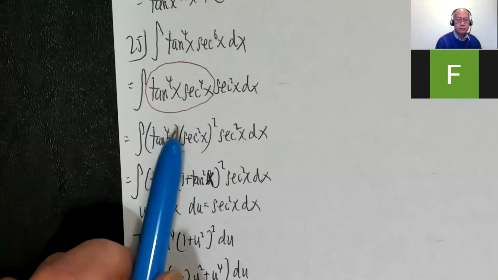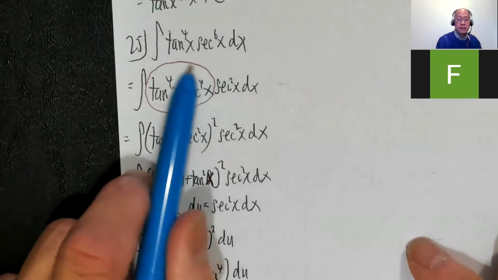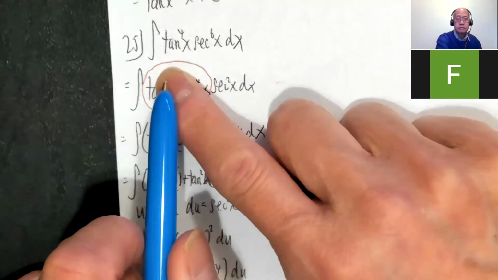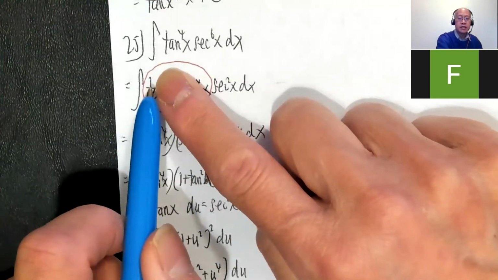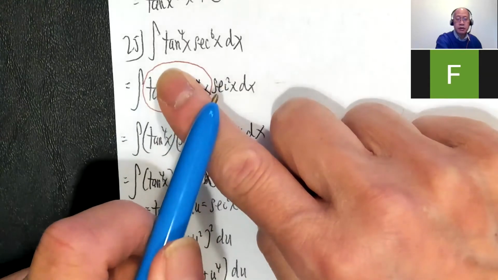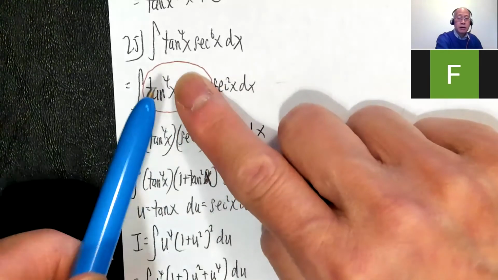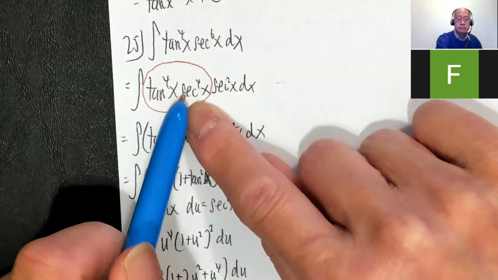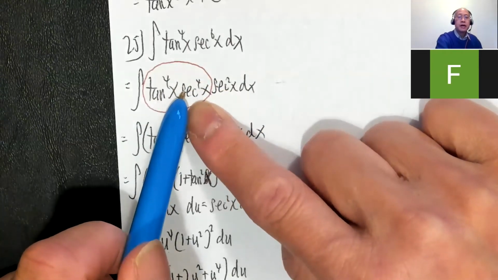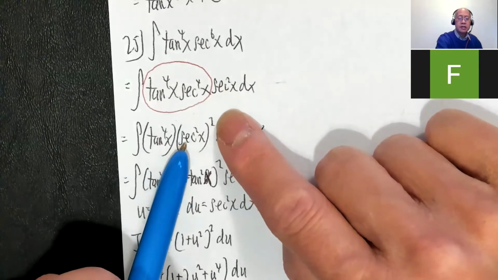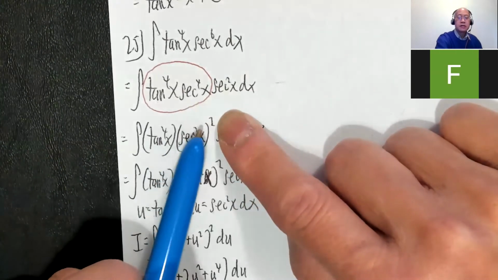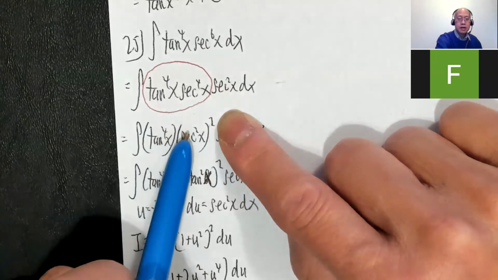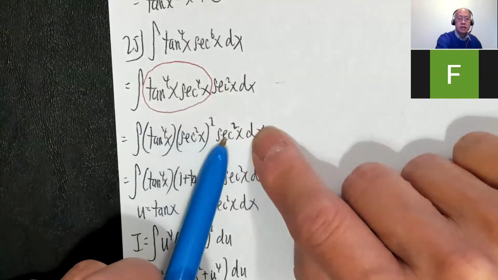So I want the stuff here to only have tangent. That way I can let u equal tangent, du is secant squared x. All right, so I only want tangent. This is already tangent. This is not tangent. Secant to the fourth, but secant to the fourth, I can write as secant squared squared. Leave that alone. Secant squared x squared, secant squared x.